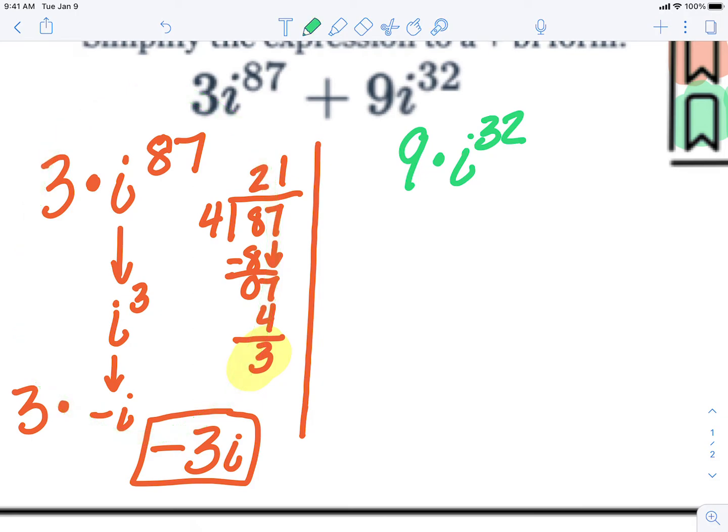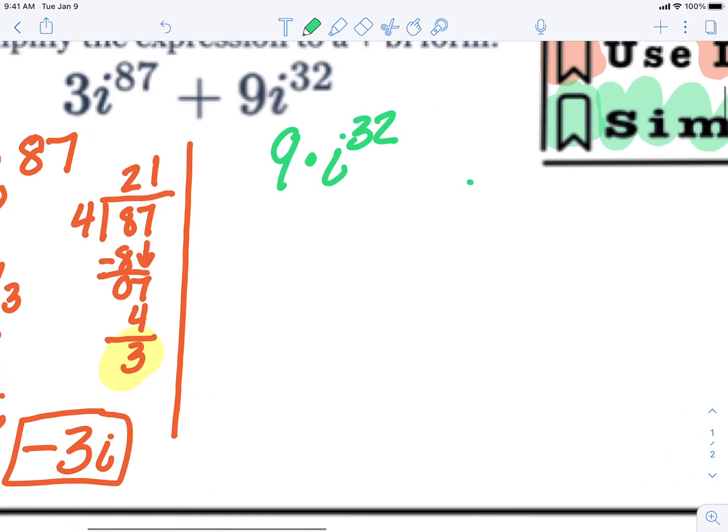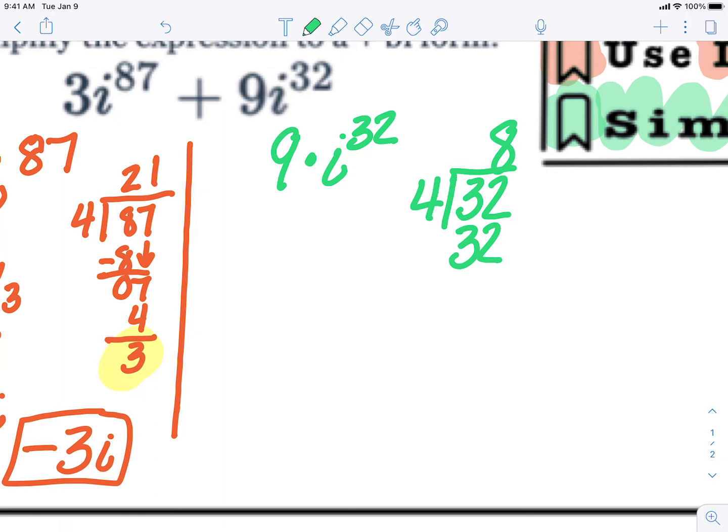I'm going to take 32 and divide it by 4. I'm lucky here because 4 cannot go into 3, and 4 goes into 32 8 times exactly. 4 times 8 is 32.